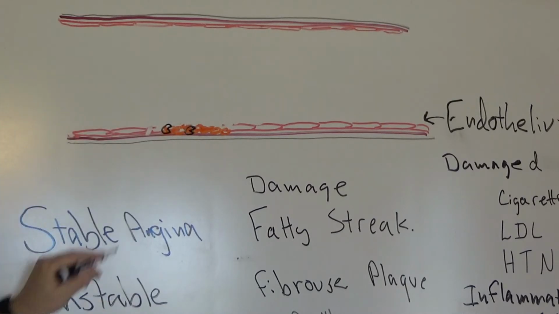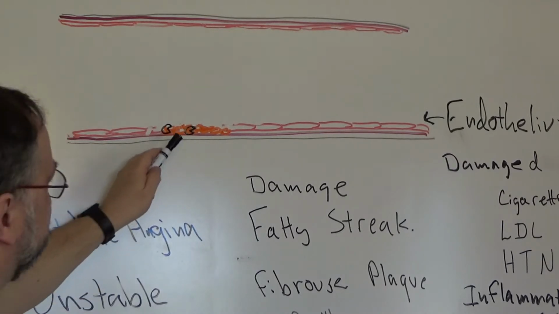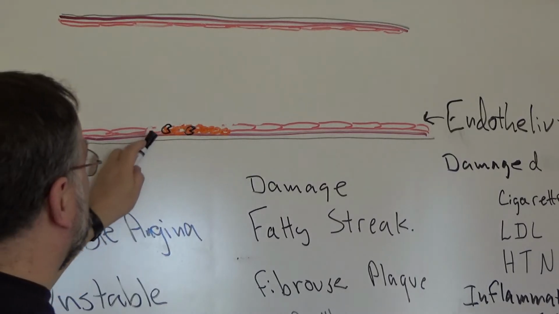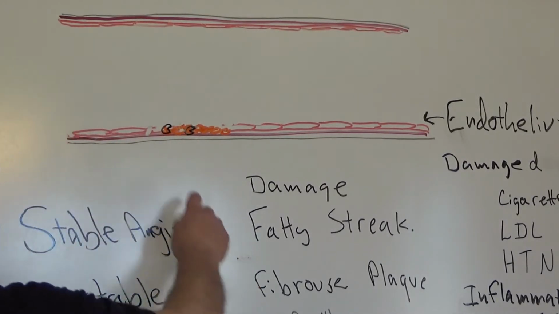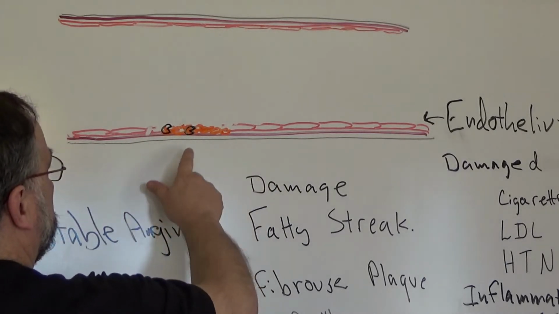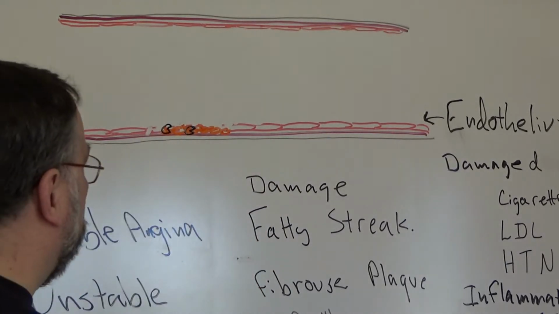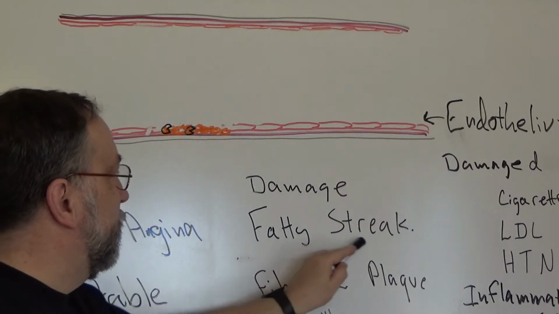See, they got those mouths on them. So now we've got this streak of cholesterol. It's a fatty streak, and you're getting some white blood cells in there trying to eat that fat up.